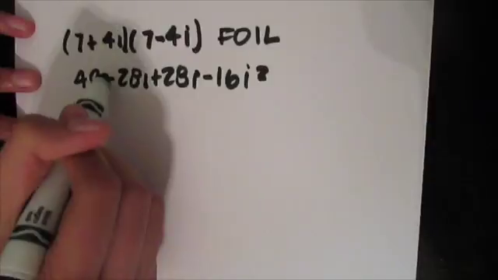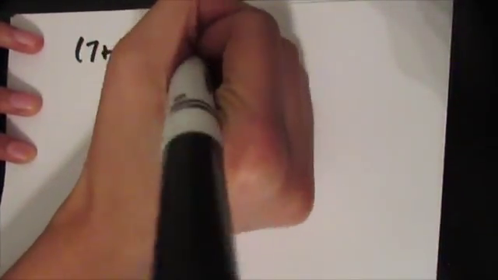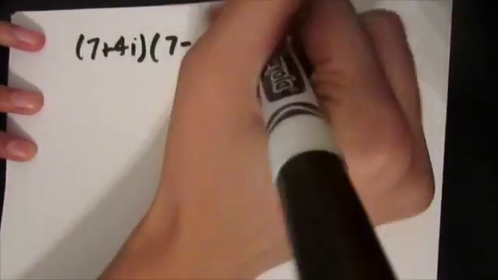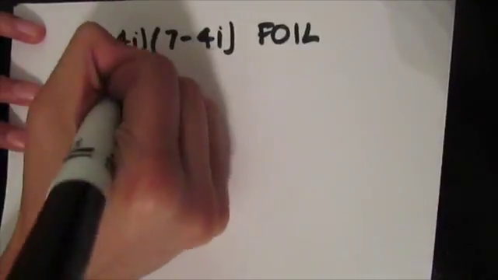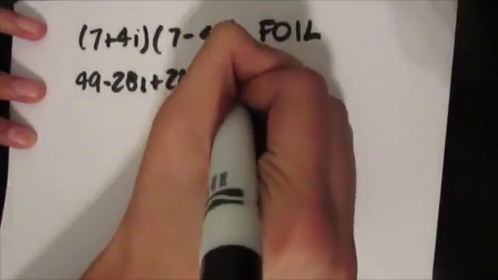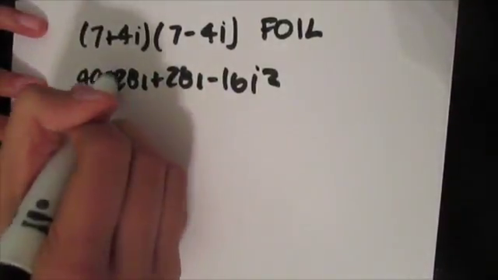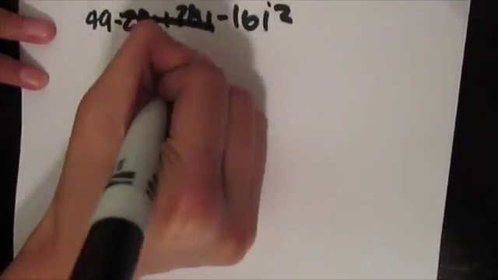These two will cancel out, to 0. So it would be 49 minus 16i squared.